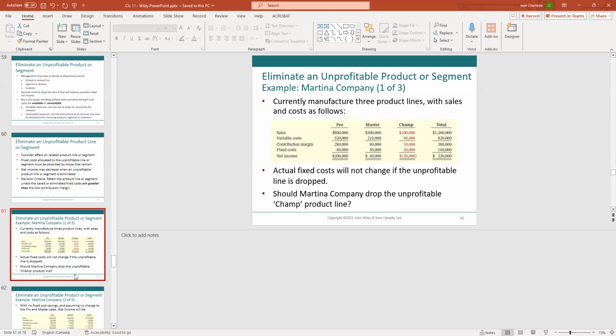Shall we drop the champ? So again, we have pro, master, and champ. Our total fixed cost is 160. If we eliminate this champ, which is currently losing $20,000, those 160 are not going to change. The question is, shall we eliminate the champ?